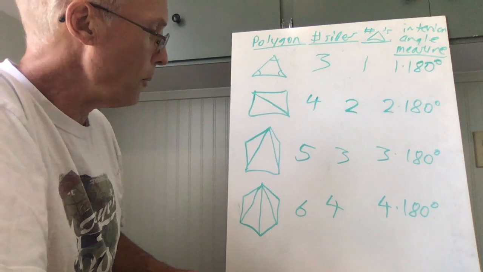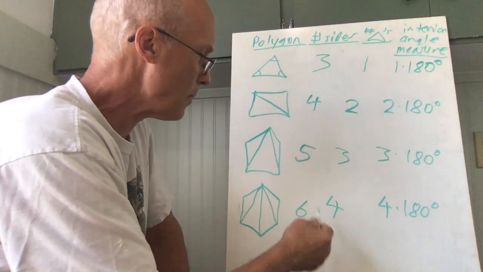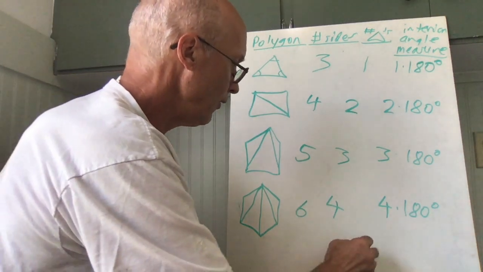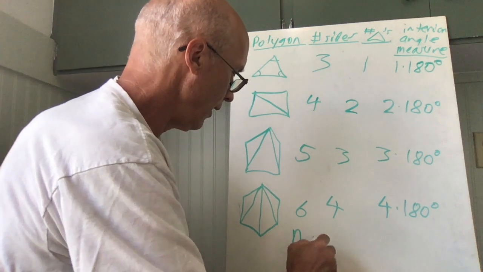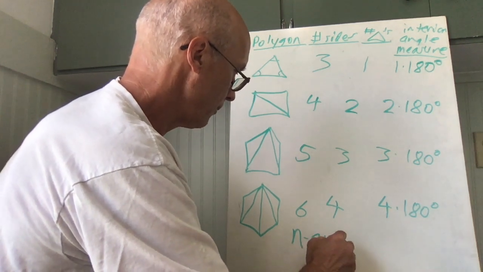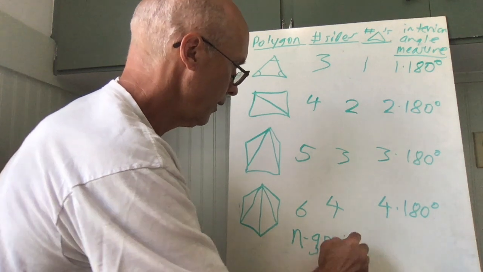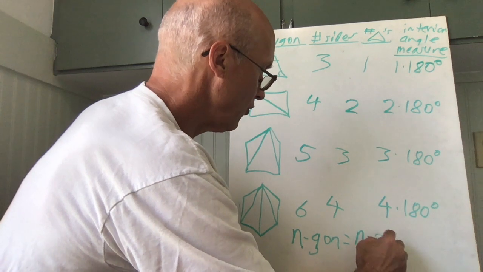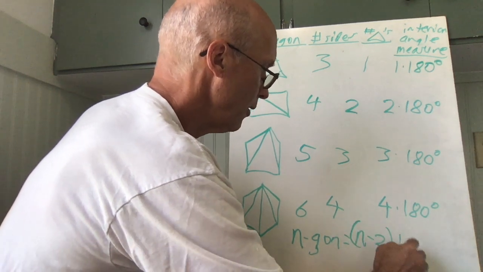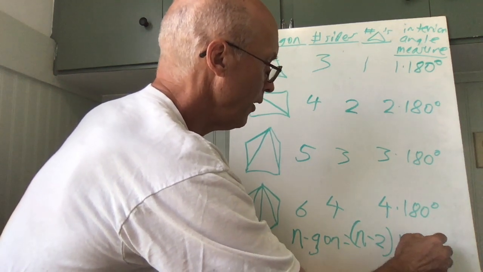So the general formula for interior angles of any polygon, let's call it an n-gon, is going to have n minus 2 times 180 degrees.